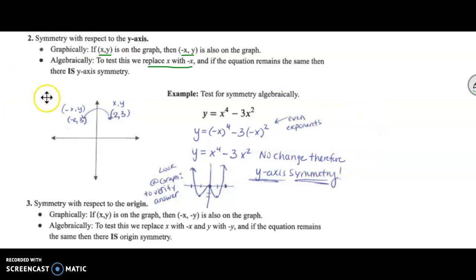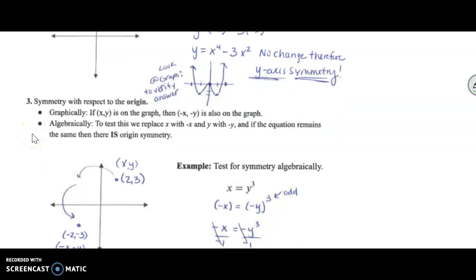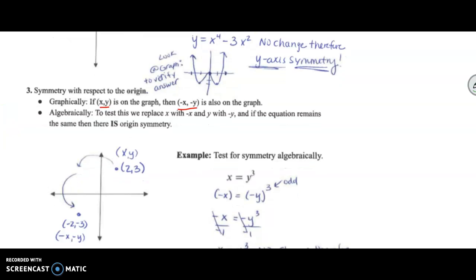And the last one we're going to look at is with respect to the origin. If you remember from geometry, if you went over it, I know some of you may not have, it actually turns 180 degrees. So the rule here is if you have a point x, y and it's symmetric with respect to the origin, then negative x, negative y is also on the graph.